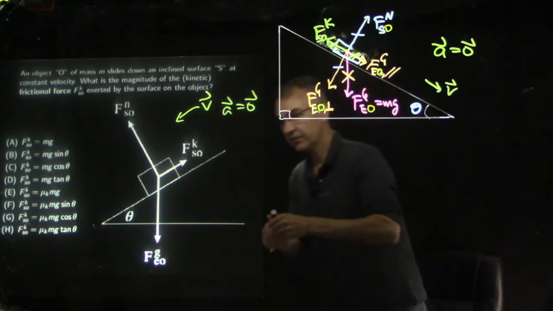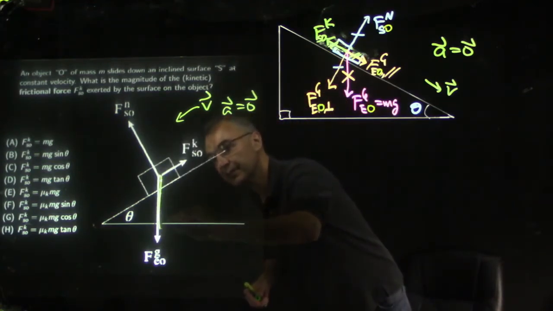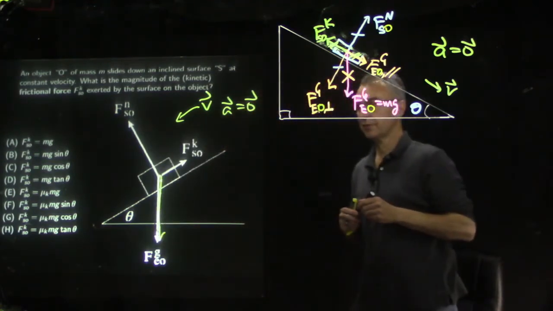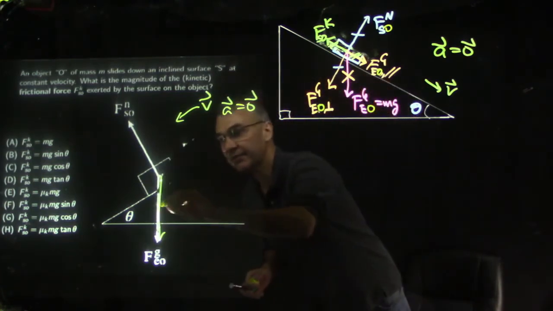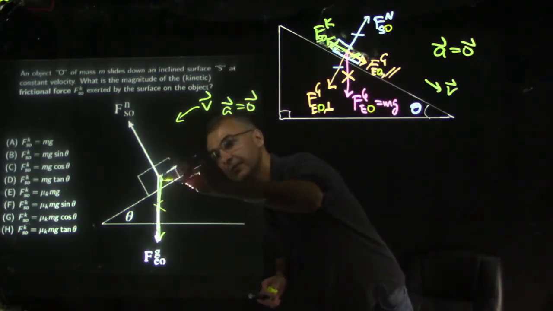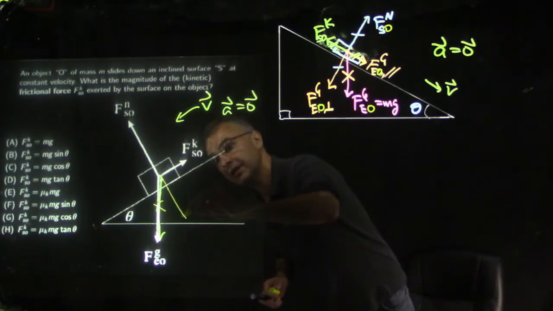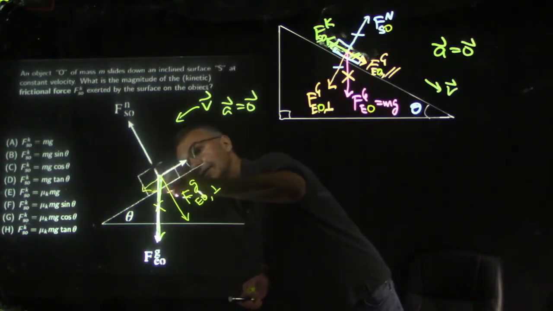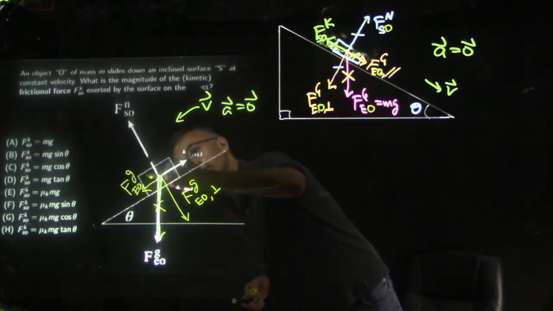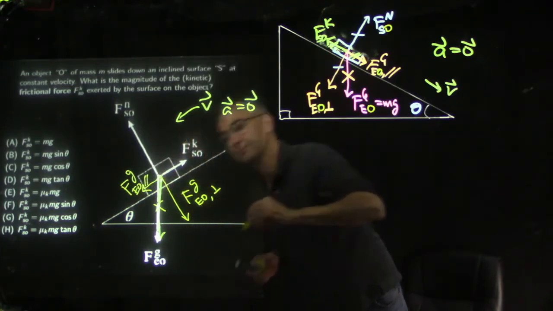So you see, this is the gravity vector, but it has not yet been decomposed. So then if we decompose that gravity vector, we cross it off, and we draw a component. This is the gravitational vector by Earth on the object, the perpendicular part. And then this is the gravitational force by Earth on the object, the parallel part.